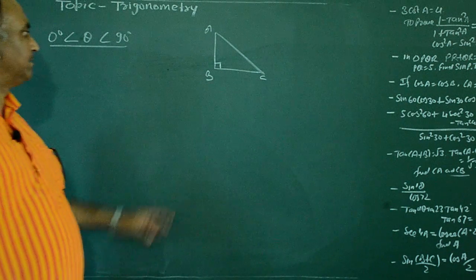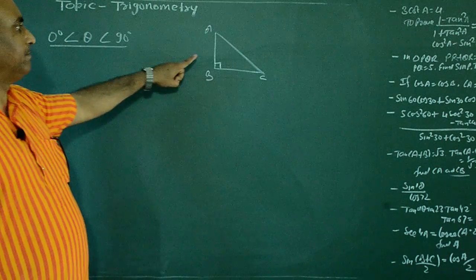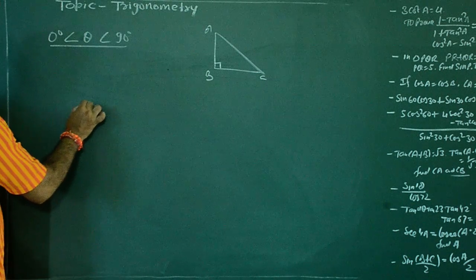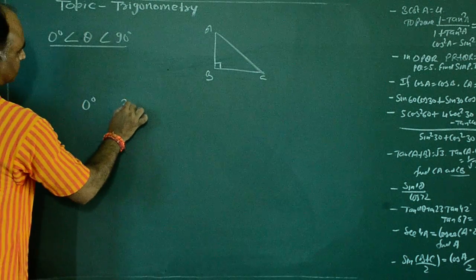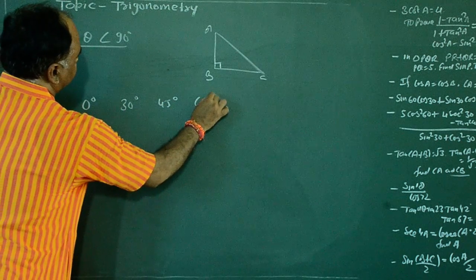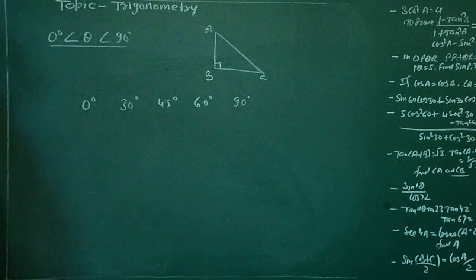Okay, so we have to find here the value for different trigonometric ratios for some angles. And what are these angles? Look here, 0 degree, 30 degree, 45 degree, 60 degree and 90 degree.